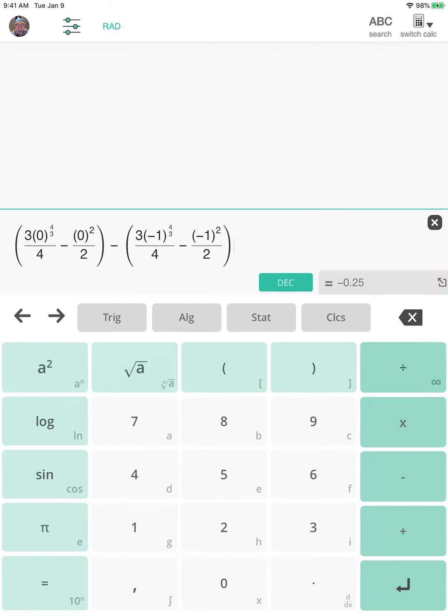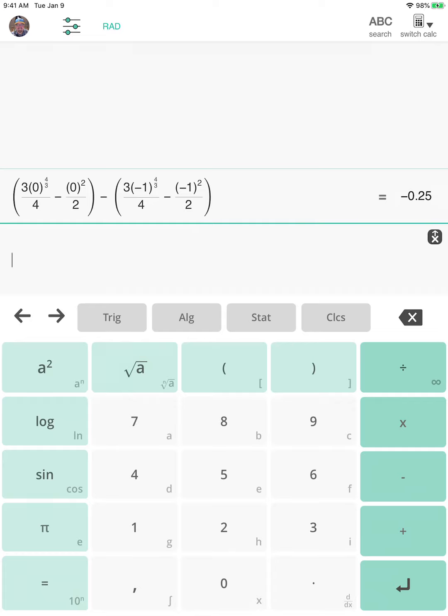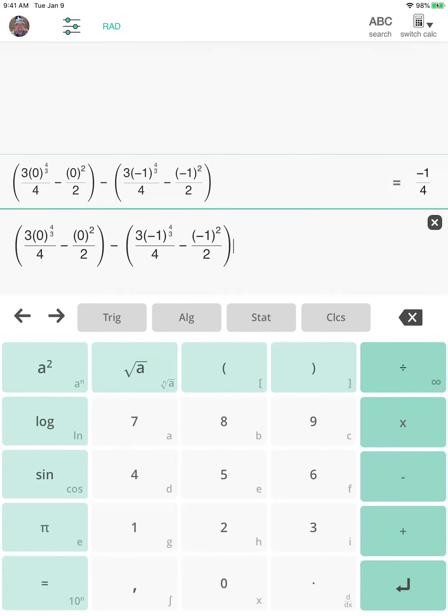Close parentheses. Okay, so the first one, we're getting -1/4. And then if I do the same thing, but I'm just going to replace these values so that the zeros become 1s. The -1s become 0s.